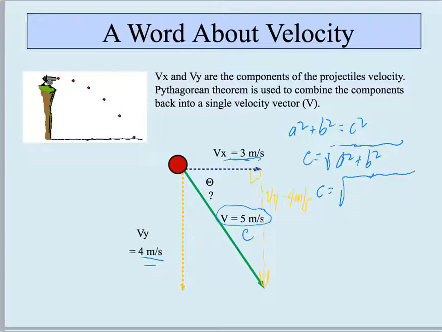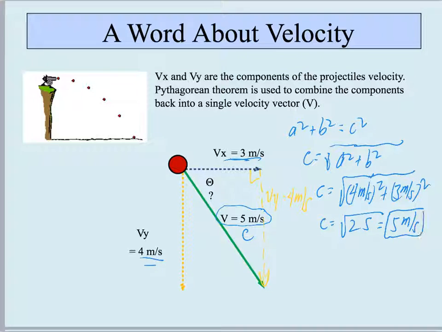So we're going to call that 4 meters per second squared plus 3 meters per second squared. And when you do that, you end up with the square root of 25, and of course the square root of 25 is 5, and that would be meters per second. So that would be the value, which of course we see is revealed over here.